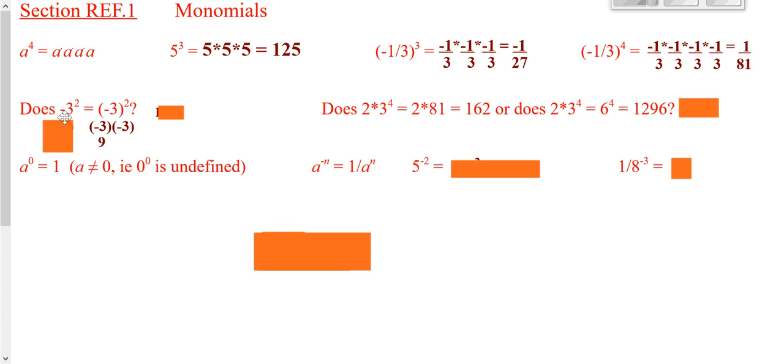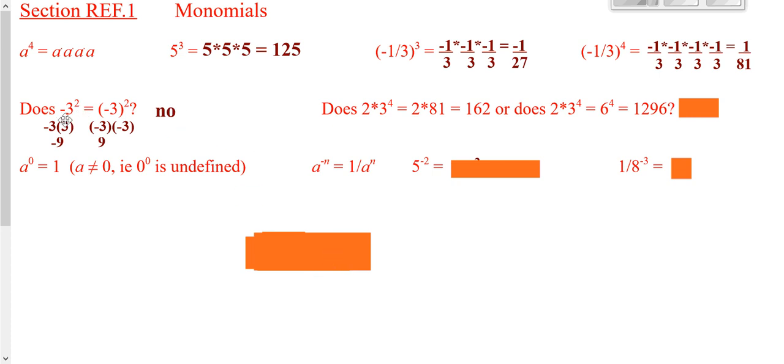Now here on the left, that exponent does not apply to the negative, it only applies to the 3. So it really means a 3 times a 3 with a negative in front. Or it really means the opposite of a 3 squared, and we know that 3 squared is 9. The opposite of 9 is negative 9. So on the left we get negative 9, on the right we get 9. So they are not equal.